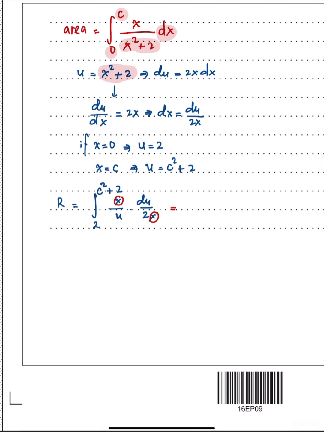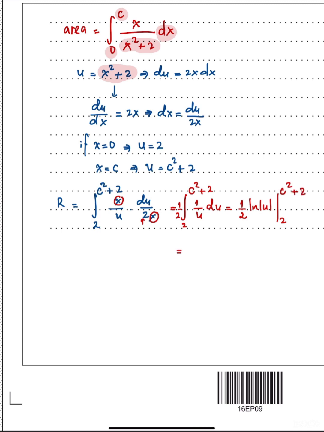The constant 1 over 2 can be placed in front of the whole integral. So that will be 1 over u du, which is ln of u from 2 until c squared plus 2.